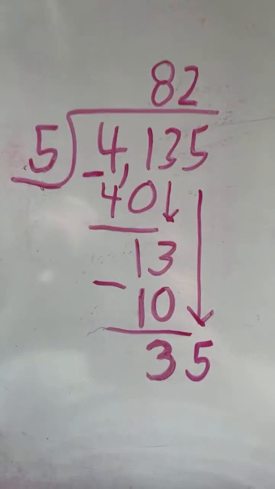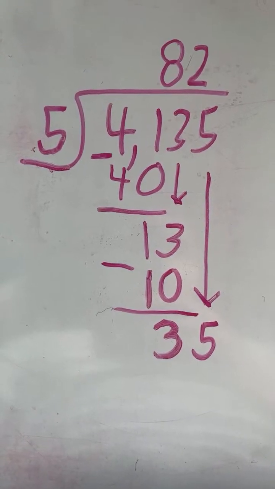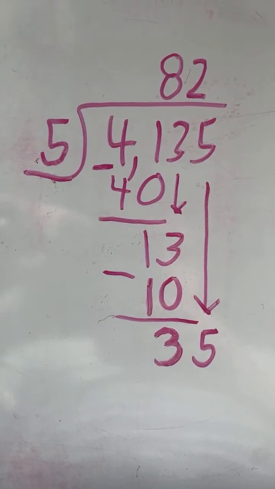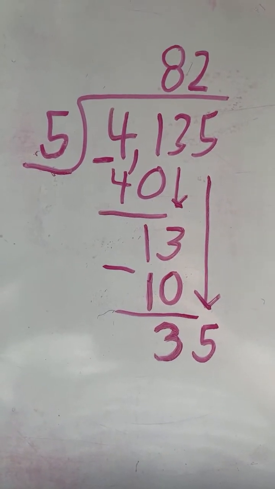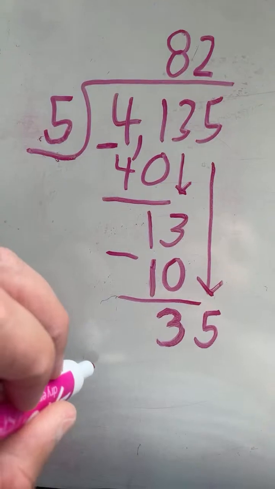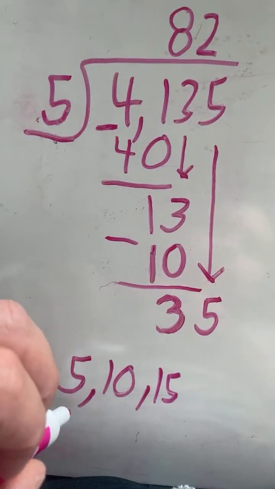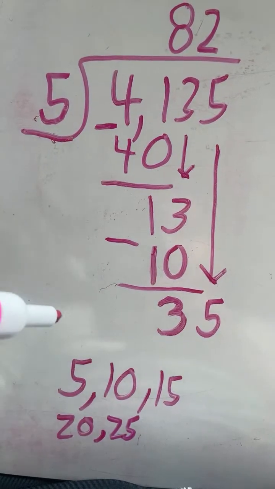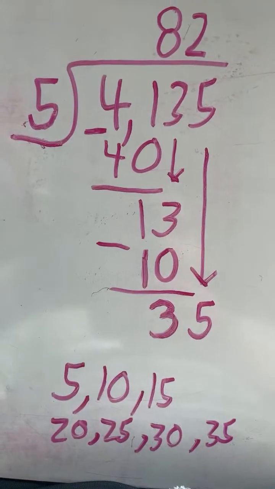Next, we bring down the 5. And the 3 becomes 35. So 35 divided by 5. I got to see how many groups of 5 go into 35. 5, 10, 15. So far we got 3 groups. 20, we are at 4 groups of 5. 25, 5 groups of 5. 30, 6 groups of 5. 35, 7 groups of 5.